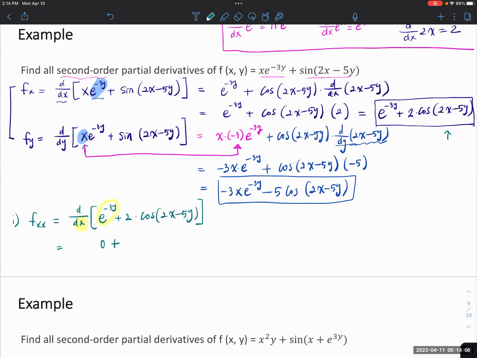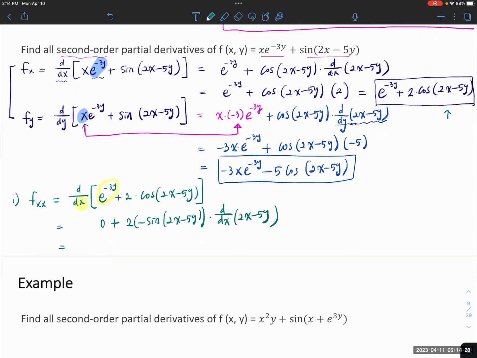So 0 plus 2. What is the derivative of the cosine? The derivative of cosine is going to be negative sine of 2x minus 5y. And I have the inside chain rule, 2x minus 5y.